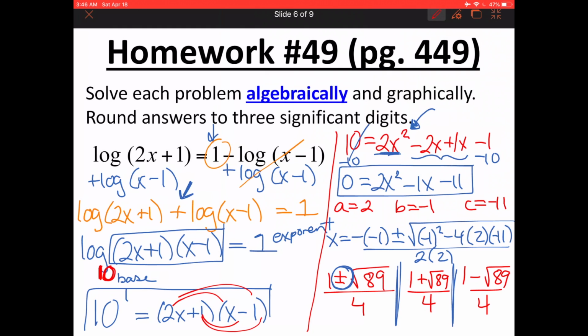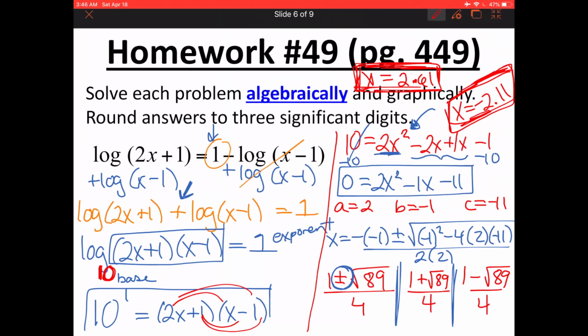My first answer is going to be x equals 2.61, going to 3 significant digits. So there is my first answer. My second answer is going to be x equals negative 2.11. So there is my second answer.